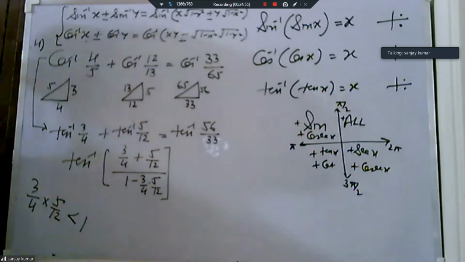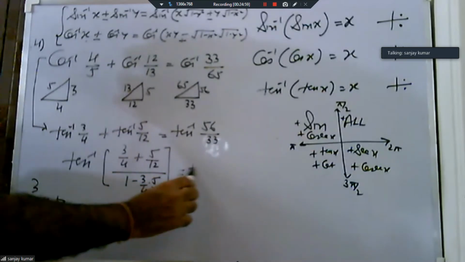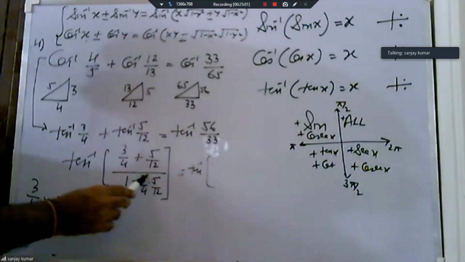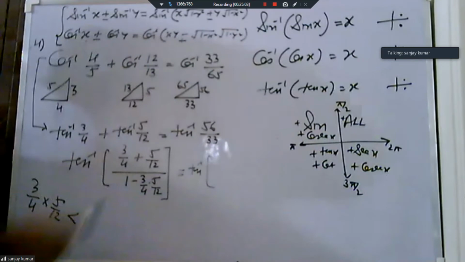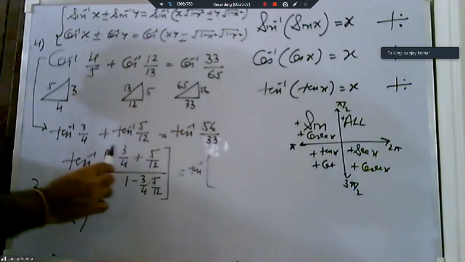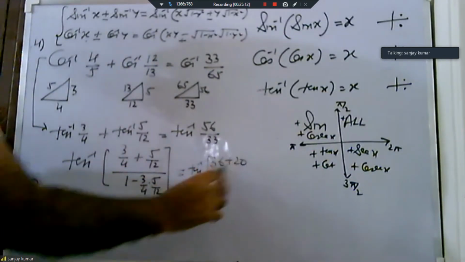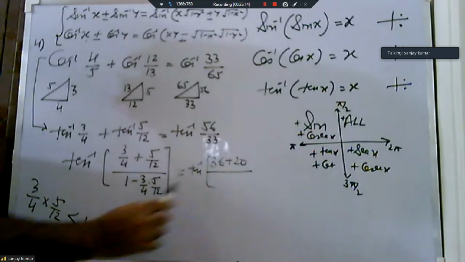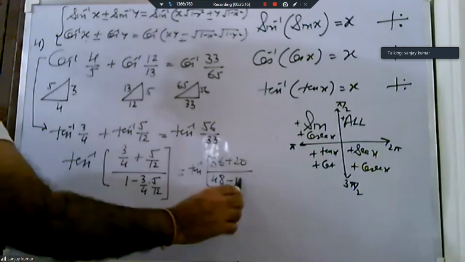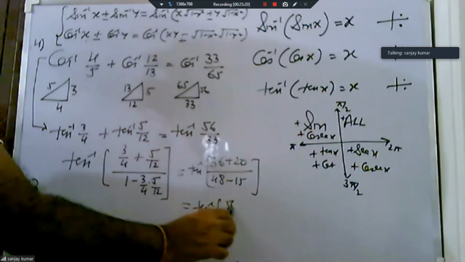Never cancel the 3 and 4 because the LCM is the same, so it cancels. 12 threes are 36, 5 fours are 20, upon 12 fours are 48 minus 15. The answer is tan inverse 56 by 33.